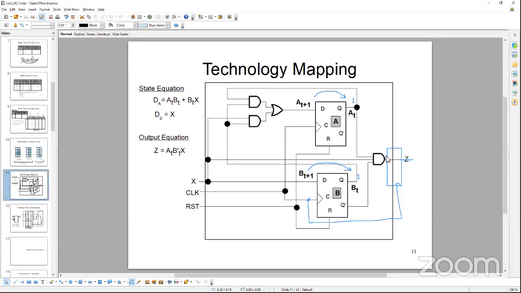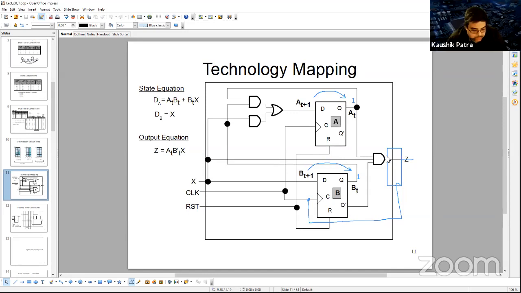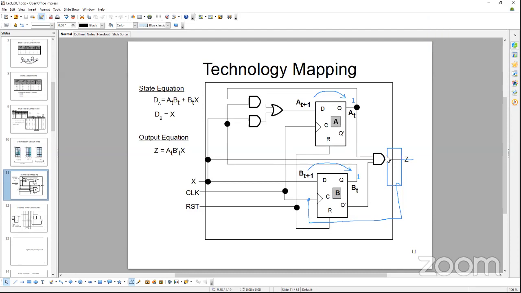I think I get it. So you're saying that just before the next clock cycle, Z is already established. So when the next clock edge arrives, this register stores that value of Z, so that in the next clock cycle it sends that Z signal outside, and you have that whole clock cycle to read it. Right.